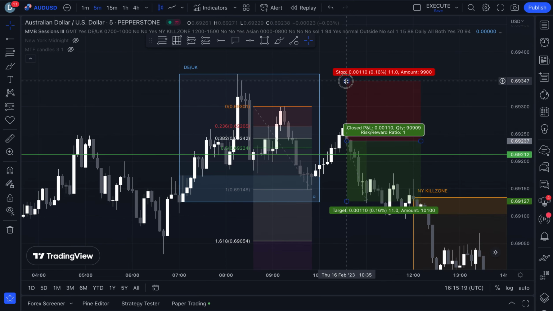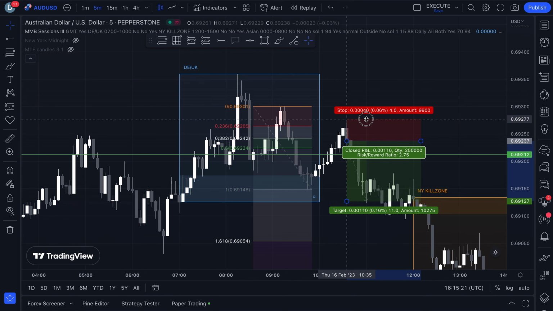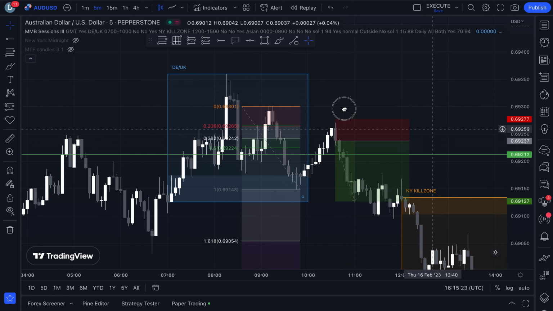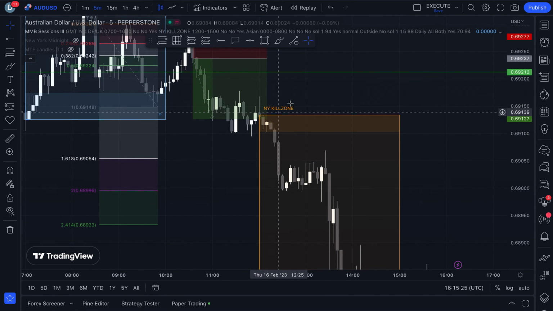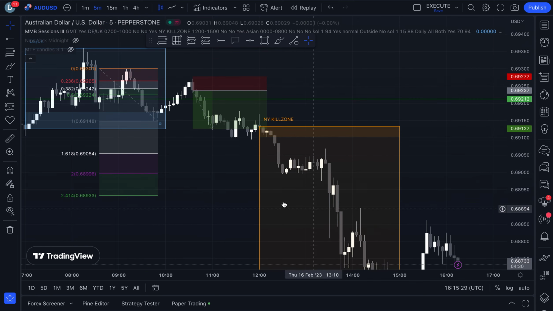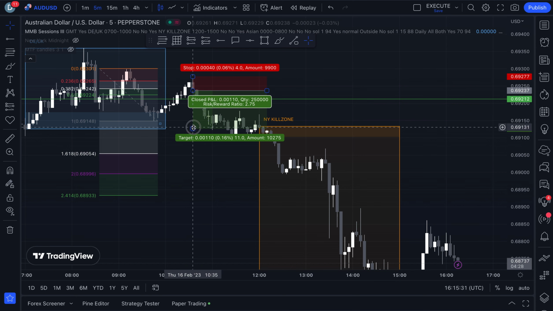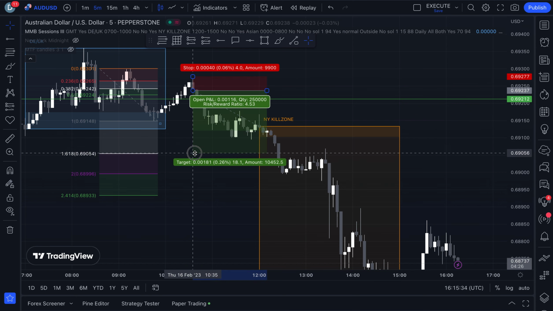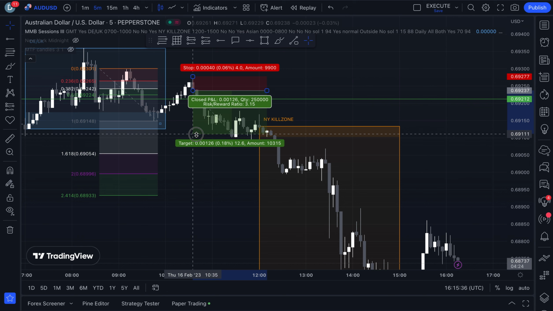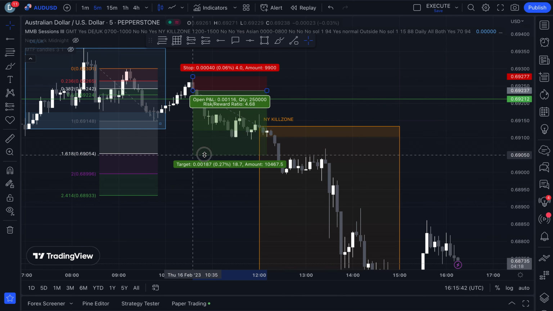I place my 4 pip stop, and the same exit parameters: 1 to 3 as a conservative exit, and then the white line as the usual exit.